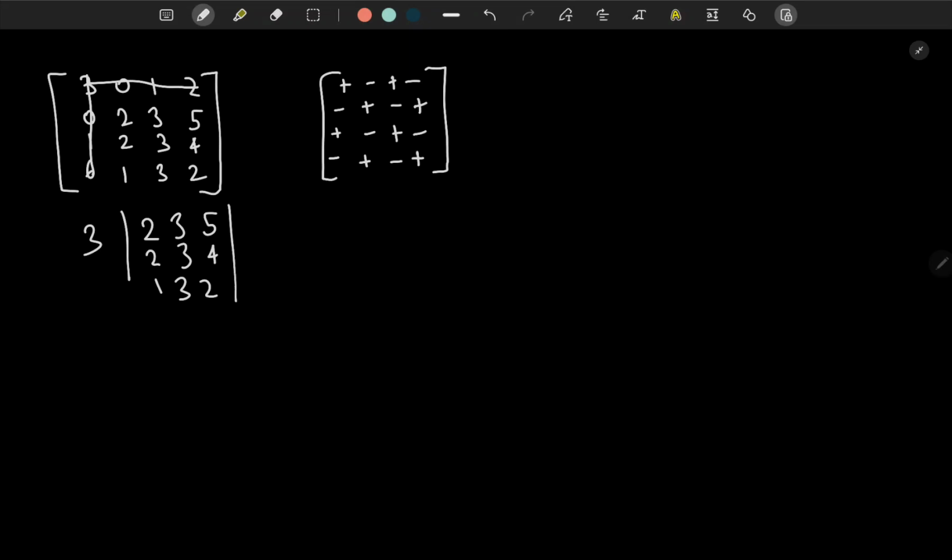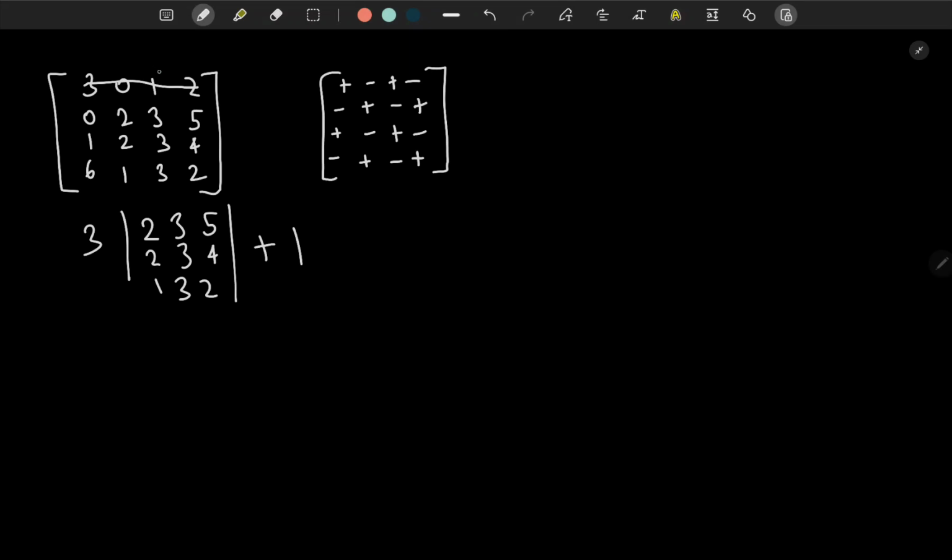Now the next coefficient is going to be 0, so it's going to be minus 0 and whatever the matrix is, but we know that anything times 0 is going to be 0, so we can just take this out and not even write it here. Now our next coefficient is 1, so let's cross out. We know that the sign is plus 1, and so it's going to be plus 1.